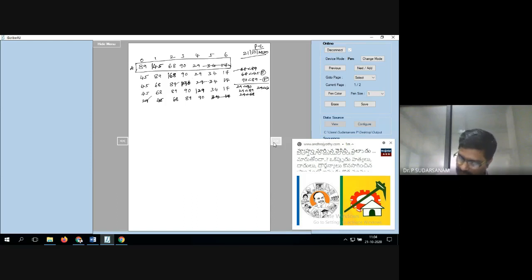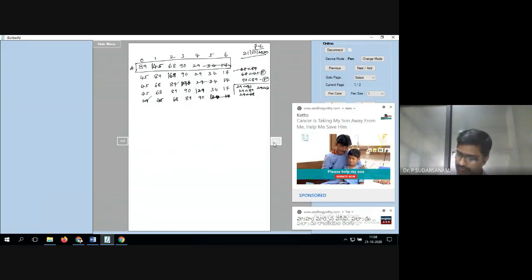Now you have to take 34 as the element. In this iteration, you have to check 34. Is 34 less than 90? Yes, copy it here. 34 less than 89?